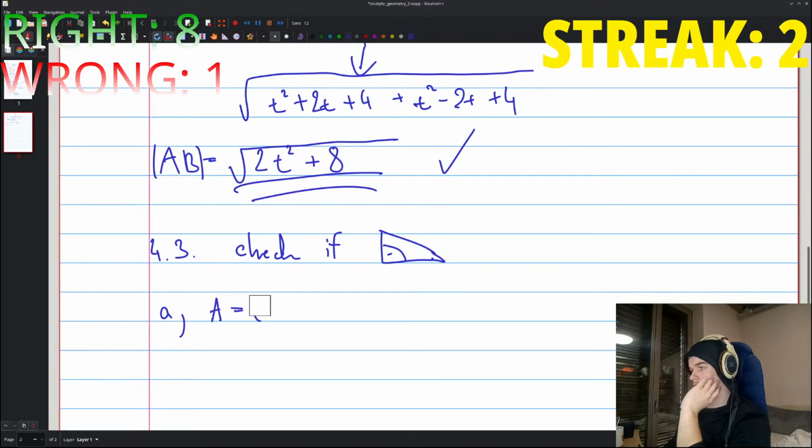A equals, sorry, they write it a little differently here for some reason, I don't know why. Because that's how we write vectors. This is how we write points, and they write it like you write vectors.